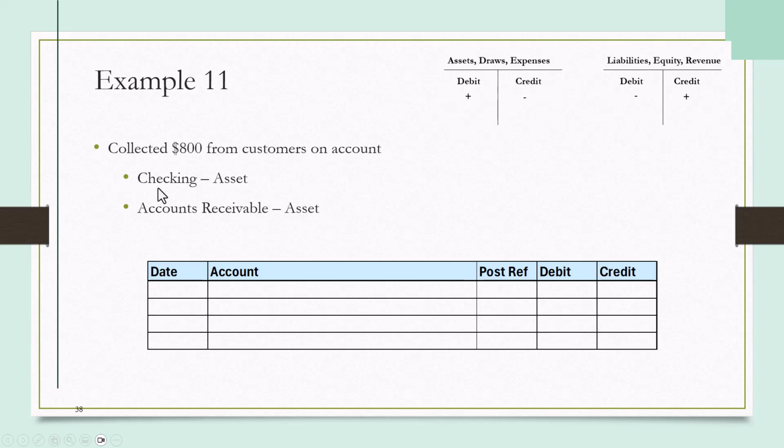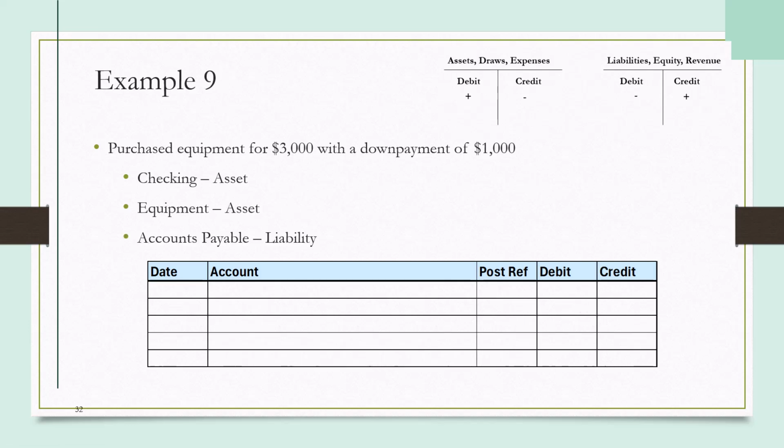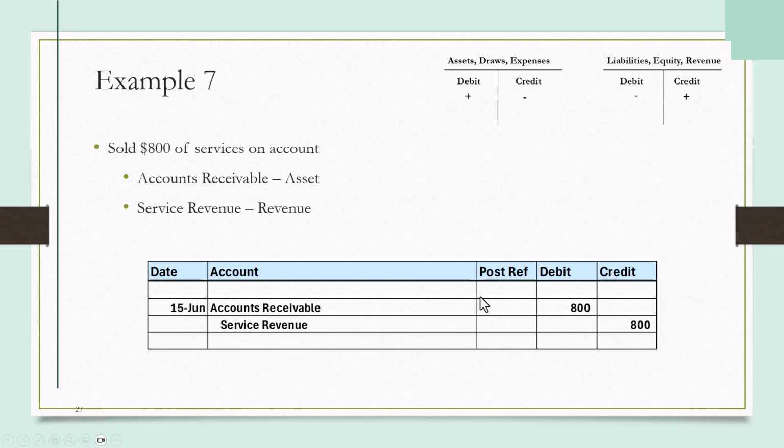This time they collected $800 from the customers on account. This is going to affect the checking account and it's going to affect accounts receivable. Let me go back because we had an entry earlier related to this. Okay, so this is the entry. This is the entry from example 7 that we did earlier where they sold the services on account.